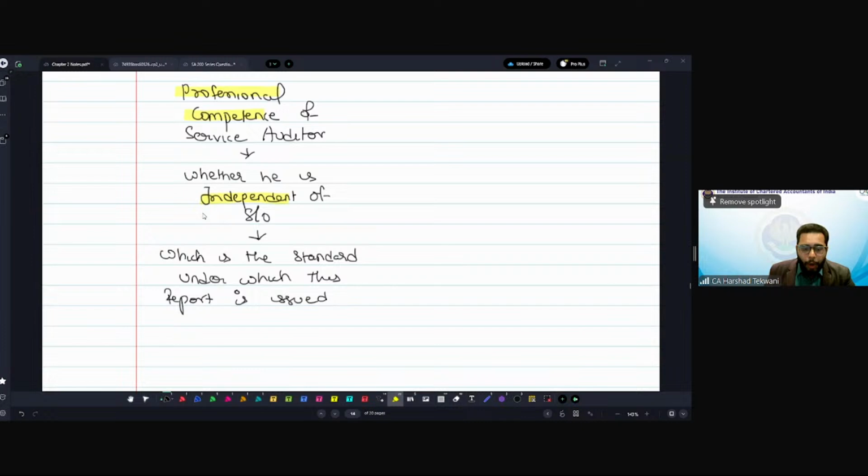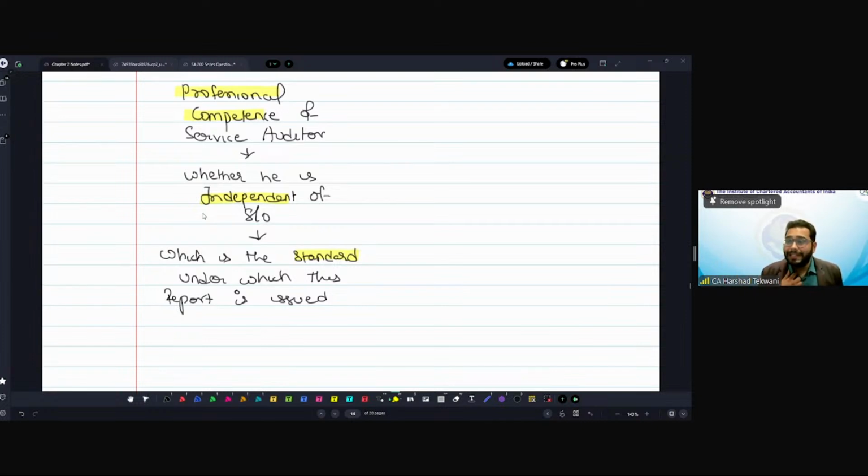Why is this important? Let's say this report is issued in XYZ country. Over there is some other standard which is required to be followed while issuing this report, and that standard says to provide bare minimum details in the report. Do not include certain things.